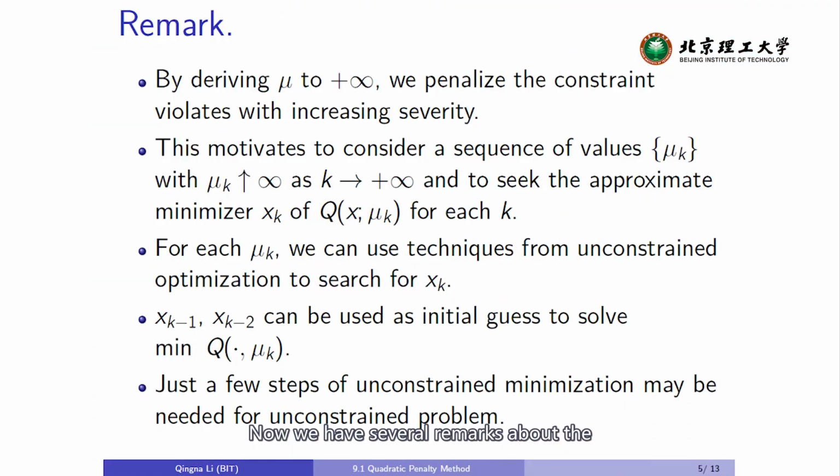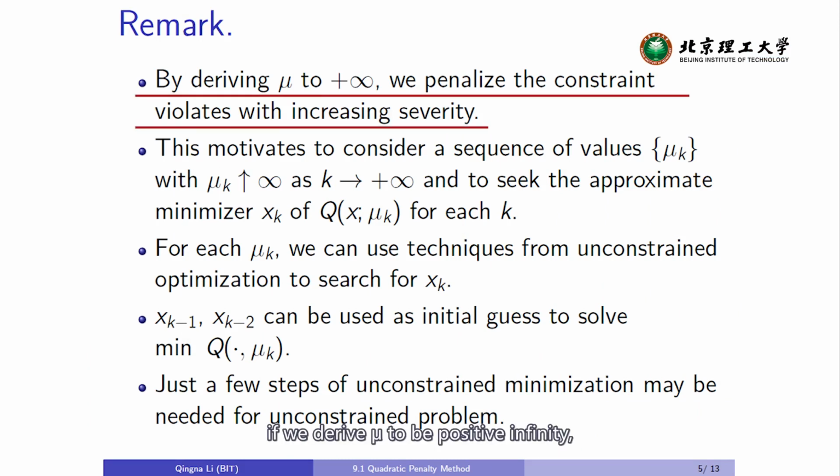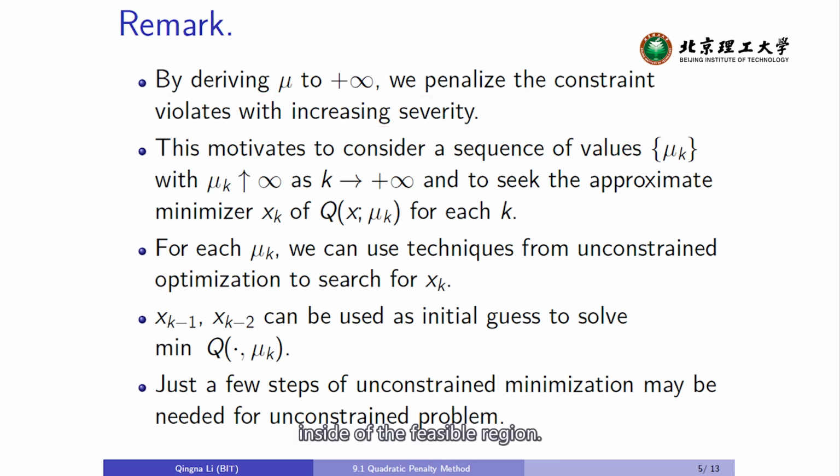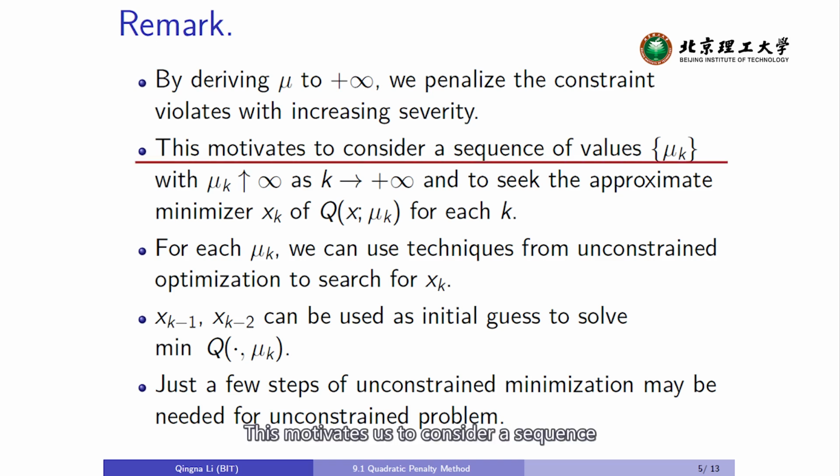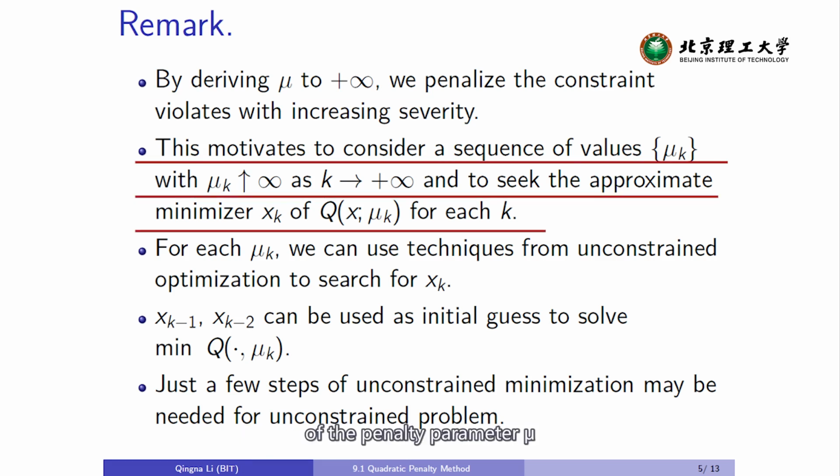Now, we have several remarks about the quadratic penalty method. The first one is, as I just mentioned, if we drive mu to positive infinity, we can restrict the variable inside the feasible region. This motivates us to consider a sequence of penalty parameters mu that move gradually to infinity.